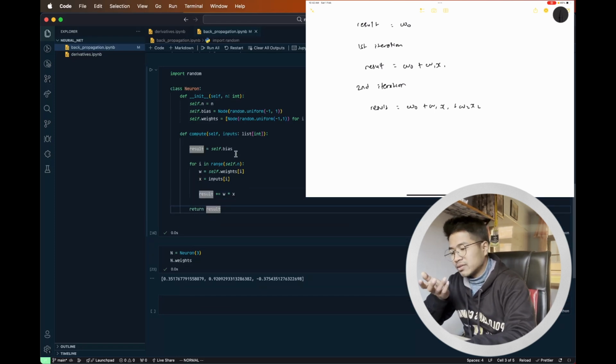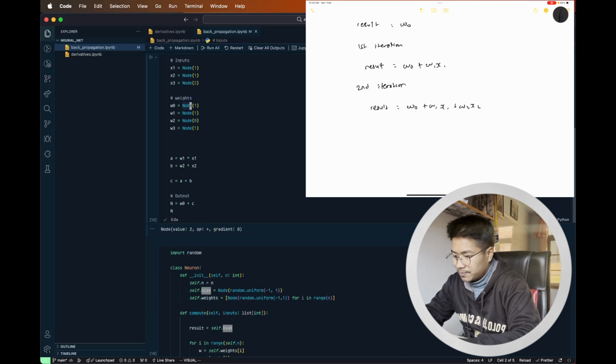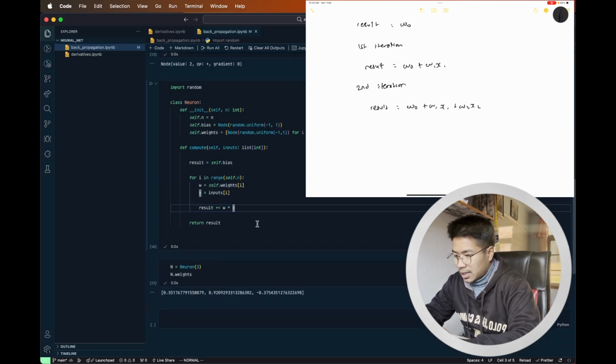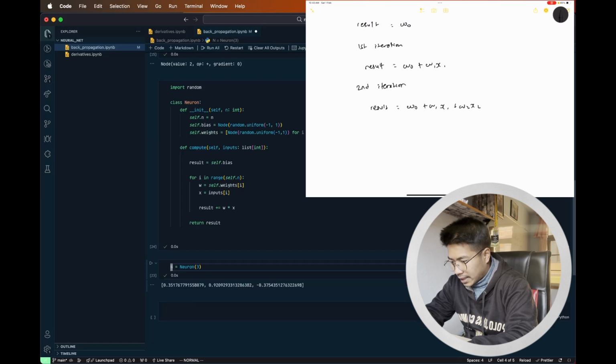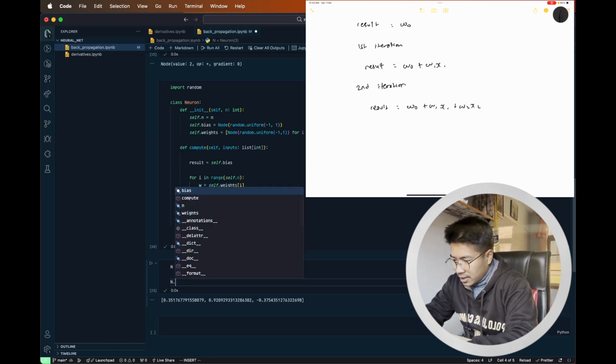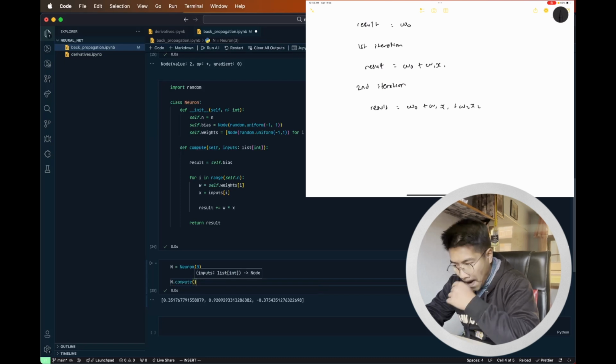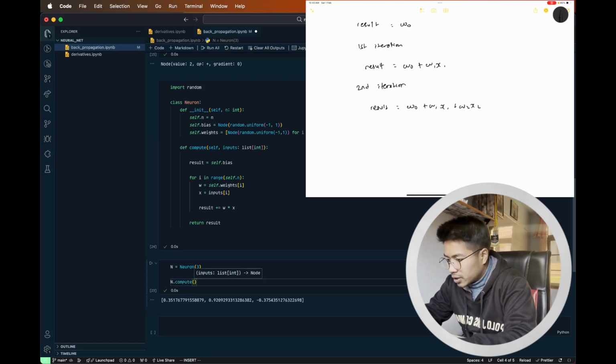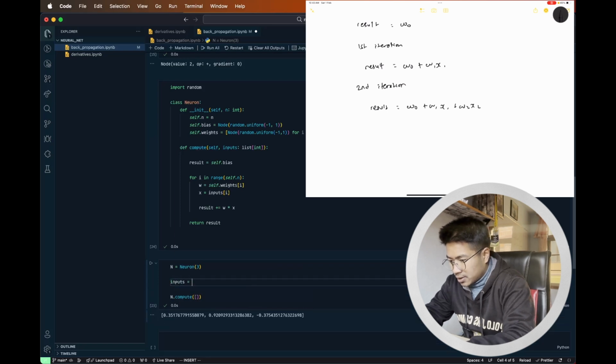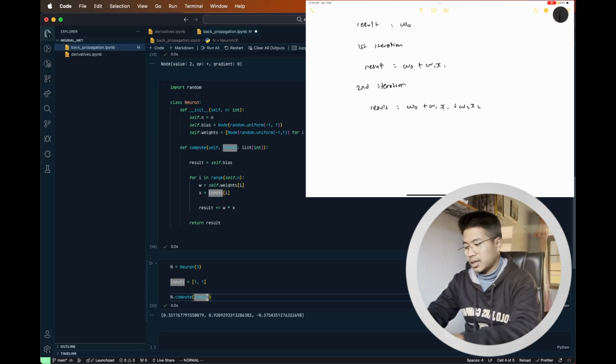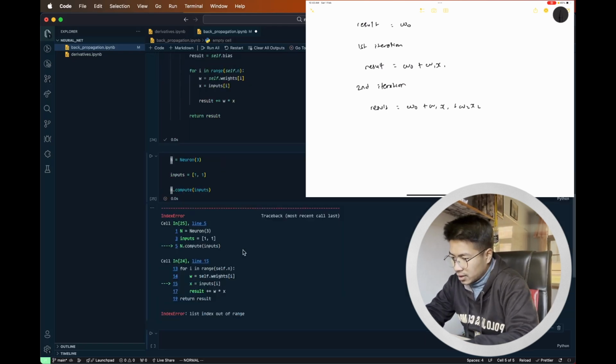So that's pretty simple, and done. I can now do something like n.compute. I want it to compute for some inputs, so my inputs are basically 1 and 1, let's say. I give those inputs and say compute, and that compute would give you a result.